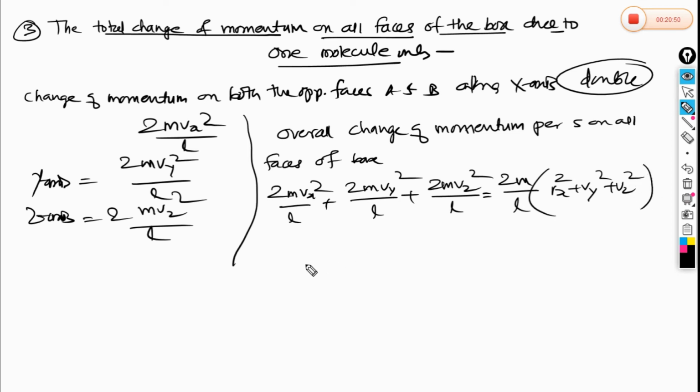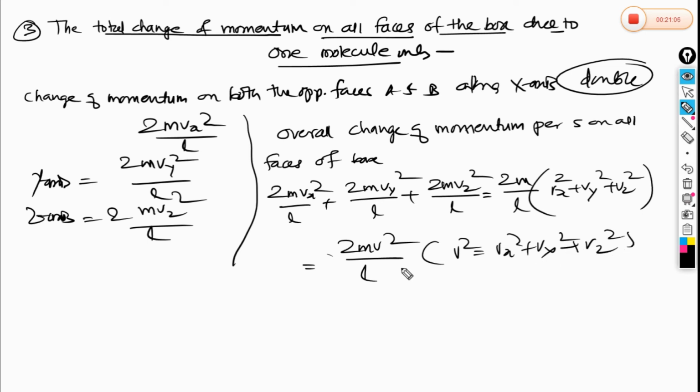Which is equal to 2mV square divided by L. Why? Because V square is equal to Vx square plus Vy square plus Vz square, as we have seen earlier. So this is the total overall change of momentum per second on all faces of the box. Okay, then we will move towards the next step.